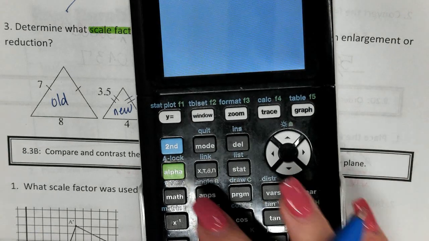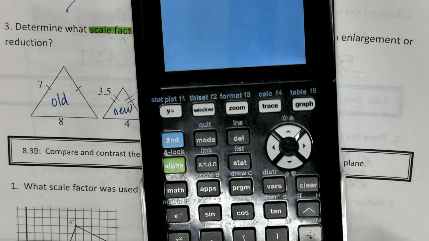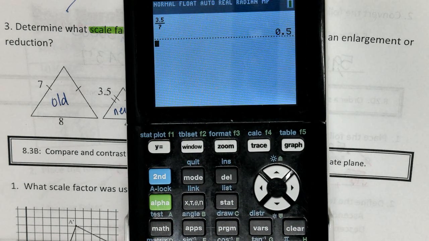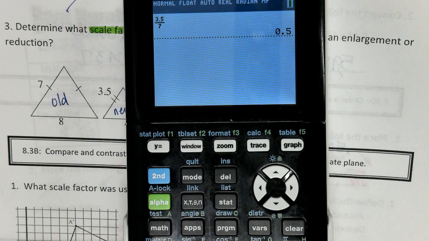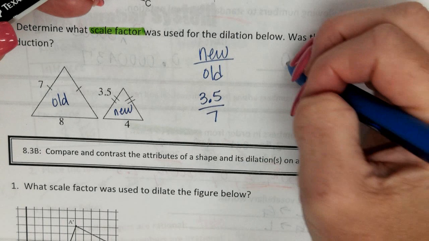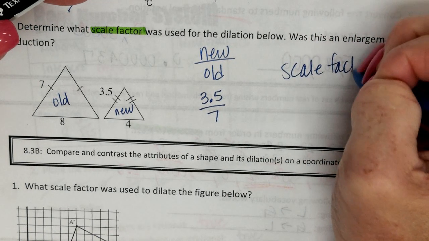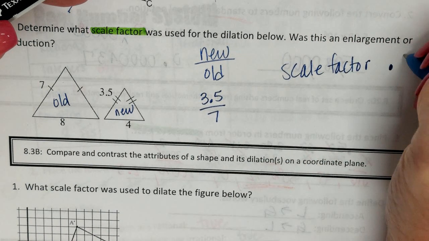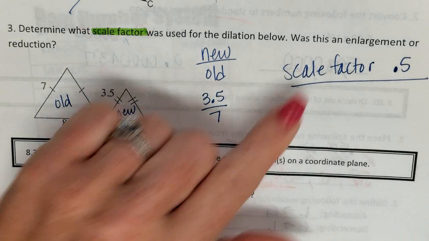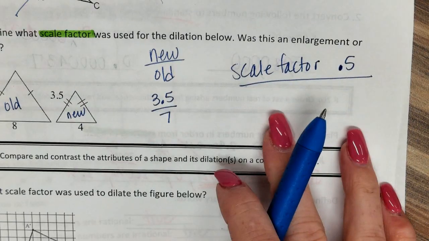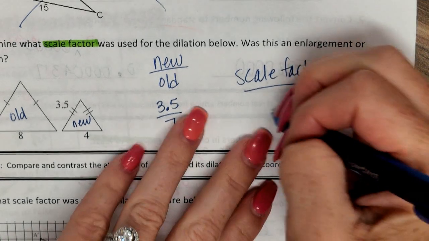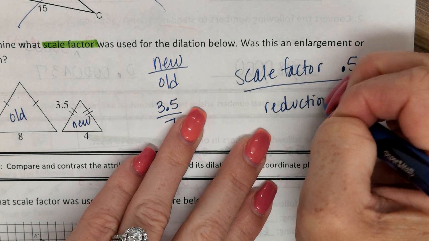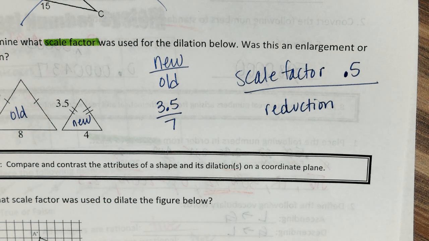What is 3.5 over 7 simplified to? 0.5. So what was the scale factor? 0.5. Is this an enlargement or reduction? Why? Because the scale factor is below 1. So it made the shape smaller.